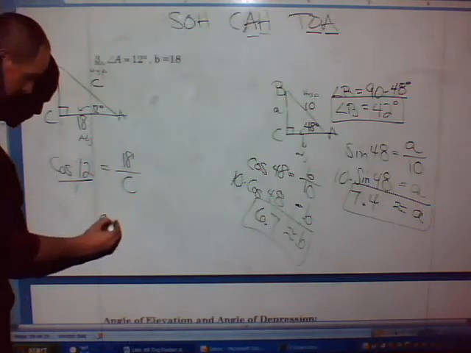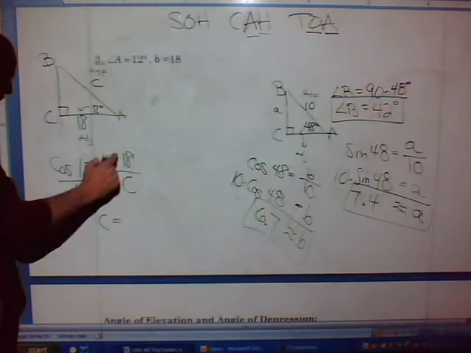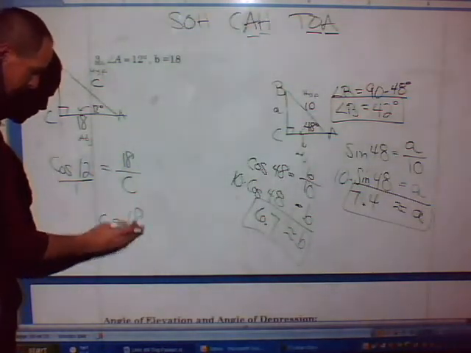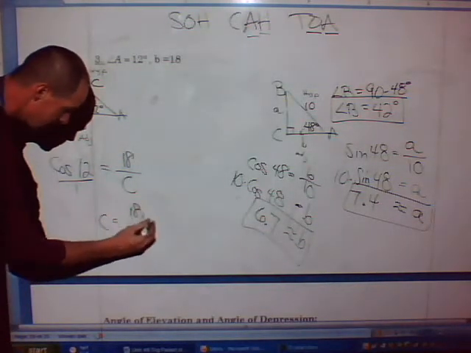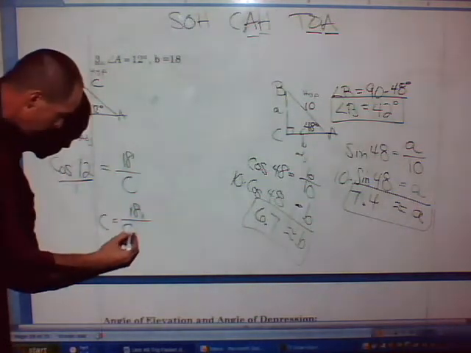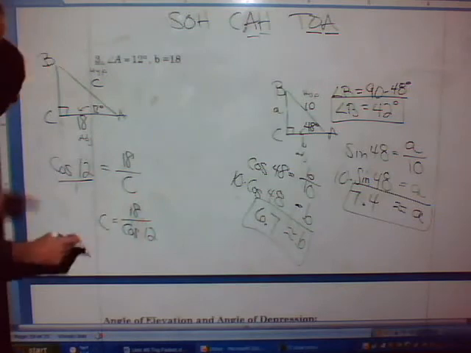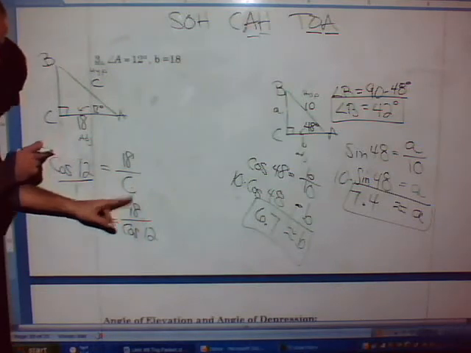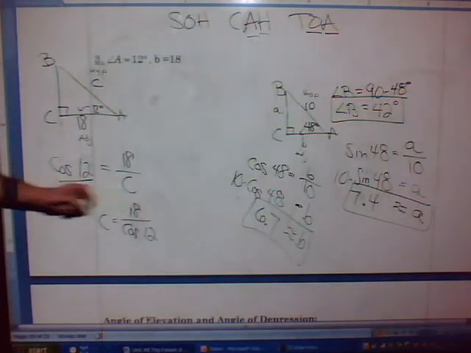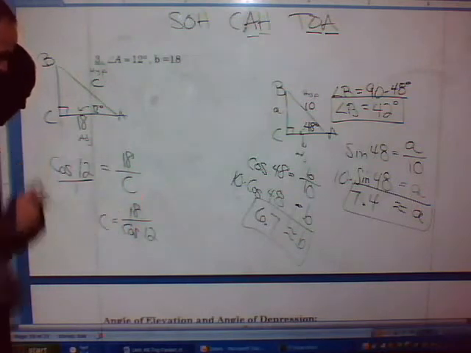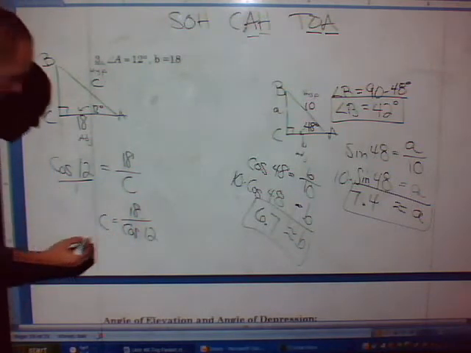So C is going to equal 1 times 18, which is 18, divided by cosine of 12. And another way of thinking about that is these two values just get flip-flopped. Okay, so if your variable's in the denominator, just interchange these, you get 18 divided by cosine of 12.